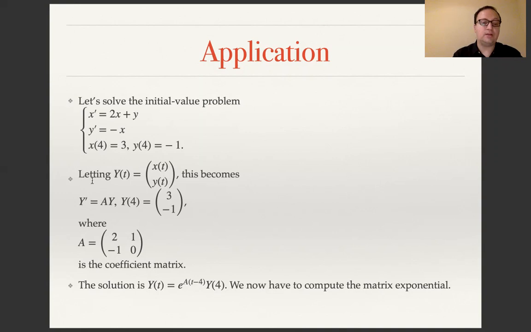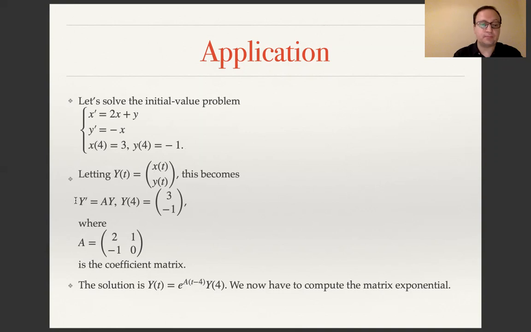Then let Y of t be the vector with 2 components, x of t and y of t. So it's a column vector with 2 components representing the 2 unknown functions.